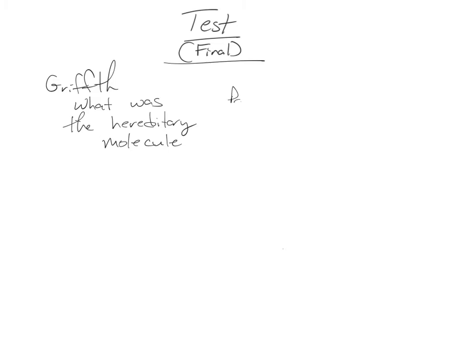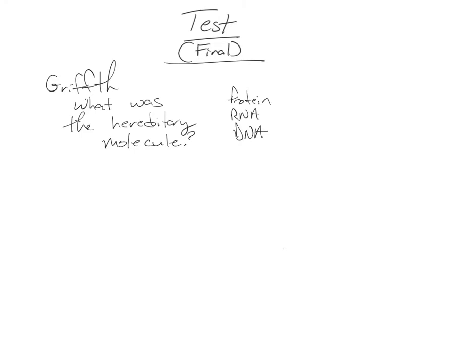It was either protein, RNA, or DNA. And you can do the reading, and you can do the what changed? What was the transformation? So what was the hereditary molecule?